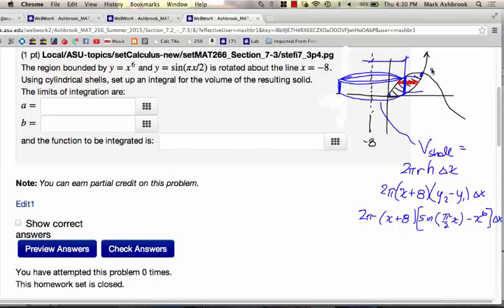So we need an x value for that. So 0 to what?